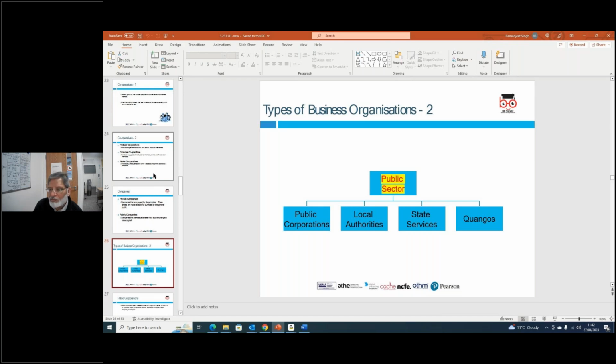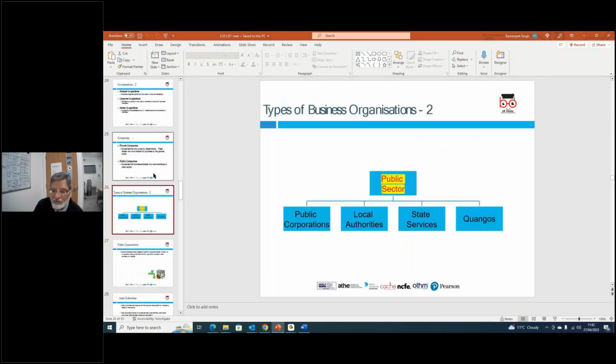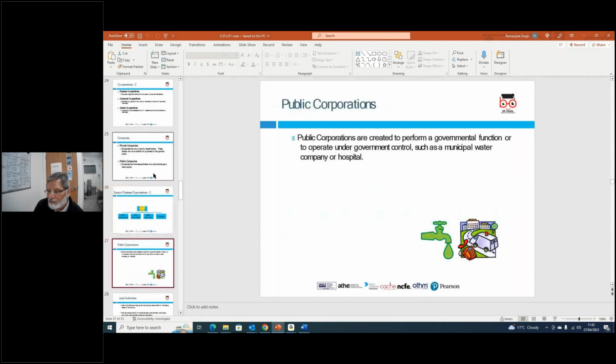And there's one more, Quangos, which we will look at. But first of all, let's look at the public corporations. These are government-funded organizations controlled by the government, like hospitals, police, army and educational services.